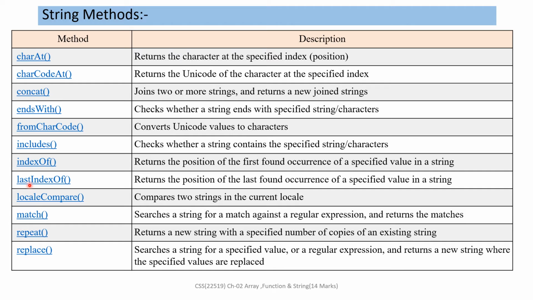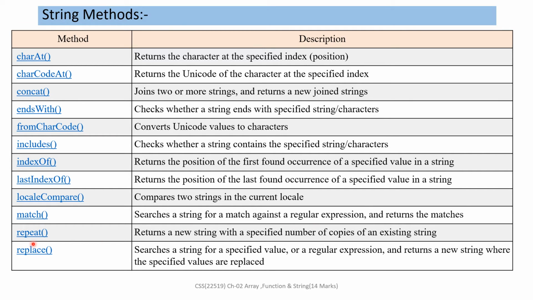Then lastIndexOf returns the position of the last found occurrence of a specified value in a string. localeCompare compares two strings in the current locale. match searches a string for a match against a regular expression and returns the matches.